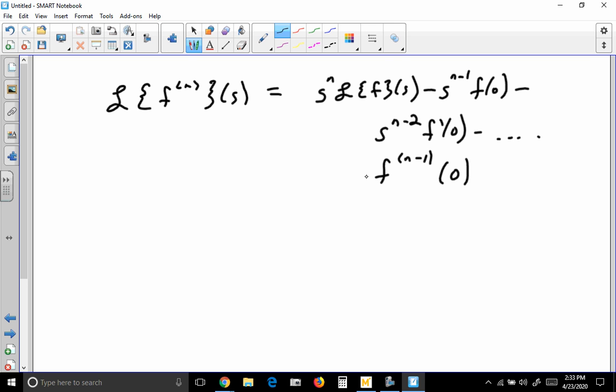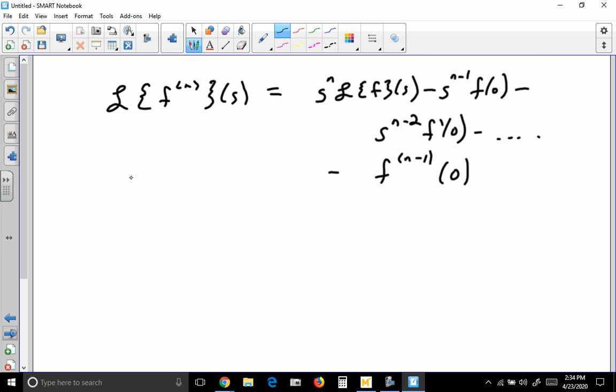So once we get down to the part where we have no s's left out front, we have a power of s times our function, a power of s times the first derivative at 0, a power of s times the second derivative at 0. Once we get down to the point where we've subtracted so much that we don't have an exponent except 0, then we do that f of the n minus 1, plug in a 0.